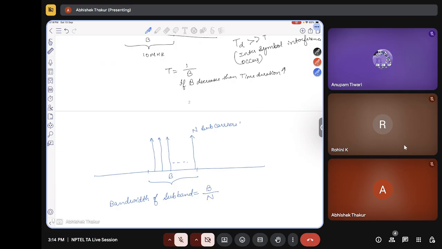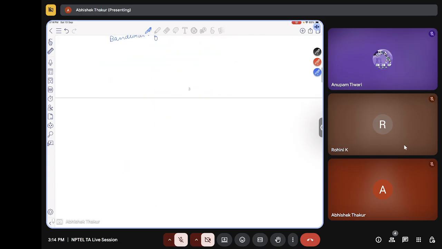As in the example given in class, let's suppose the bandwidth is 10 megahertz and it is divided into 1000 subcarriers. So N is the number of subbands, and the bandwidth of each subband is equal to B by N. This is 10 times 10 to the power of 6 divided by 1000, so we get 10 kilohertz.